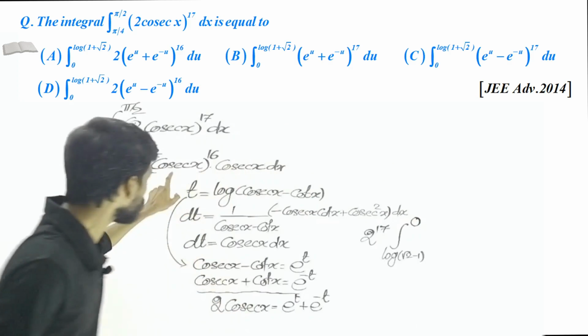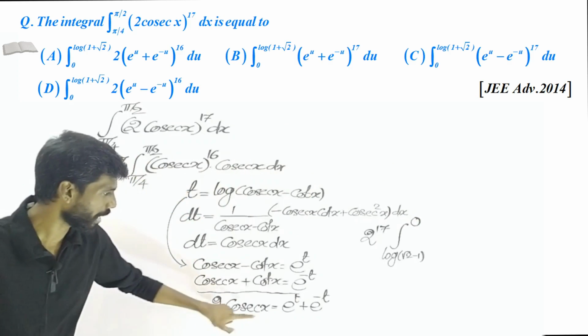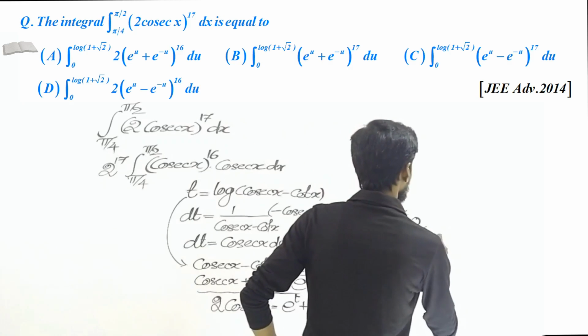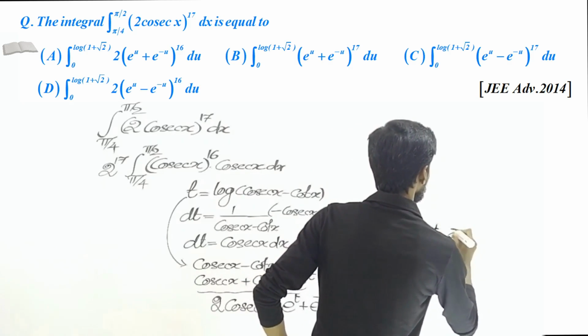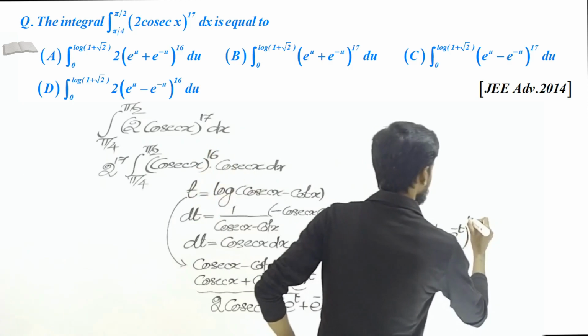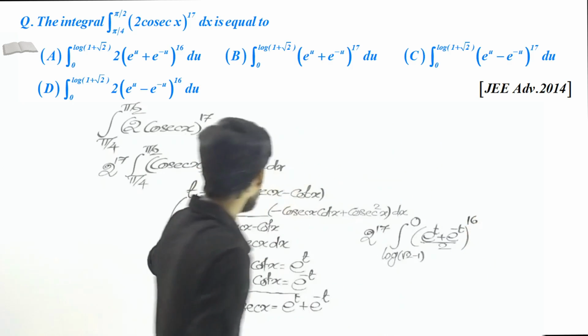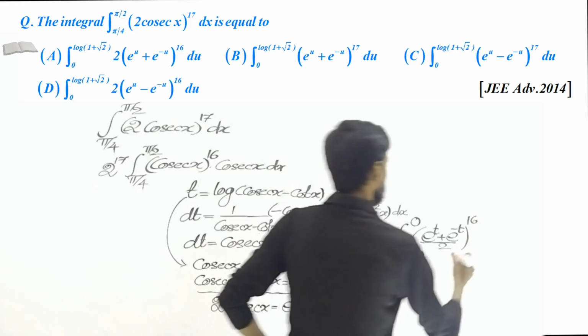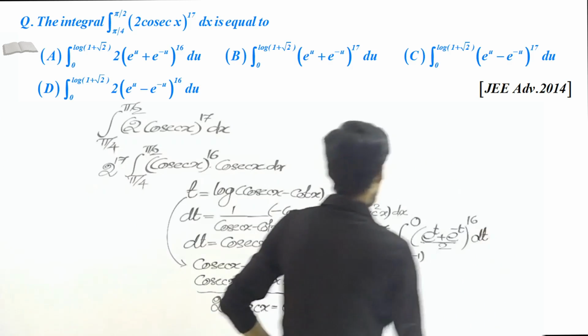And then cosecant x, that's what we found here. Cosecant x is e to the power t plus e to the power minus t divided by 2. That thing to the power 16, multiplied by cosecant x dx, that is dt. That's all.